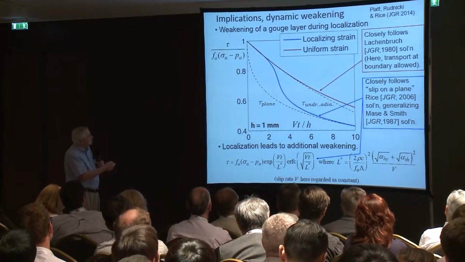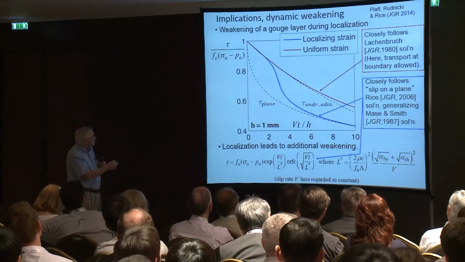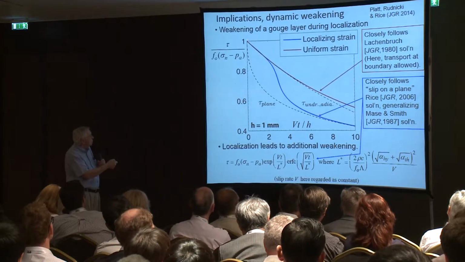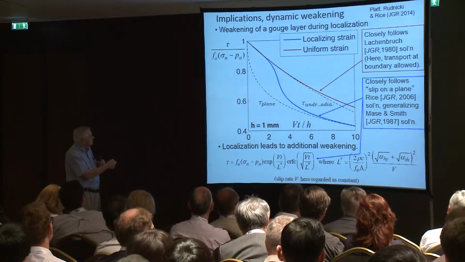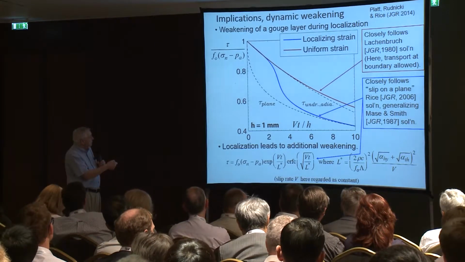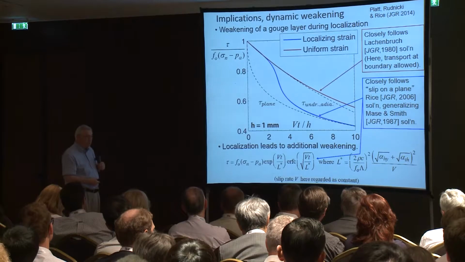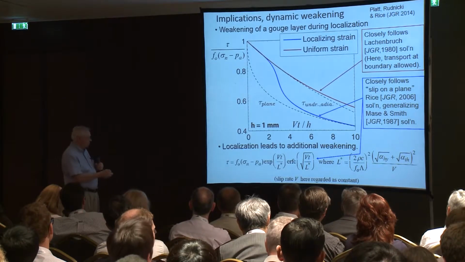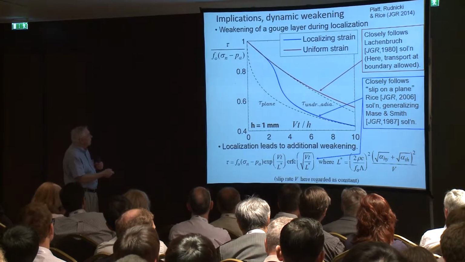And what we see is the strength of the layer. It's normalized, so it begins at a strength of 1. The shear stress is equal to a friction coefficient times the normal stress minus the initial pore pressure. But of course, as the heating goes on, the pore pressure goes up and the strength goes down.